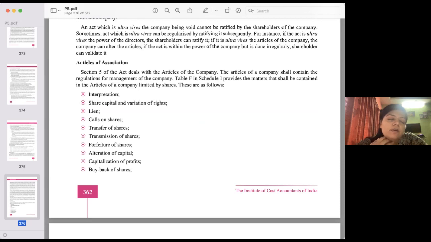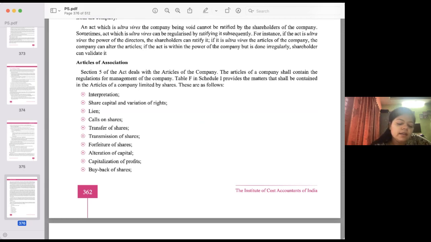But just to give you an idea, if it's a private company, they may have certain restrictions as to these sorts of transfers or transmission. Because a private company at the very outset, like we said, is a company which is extremely possessive of its management. They don't want to dilute it at any cost.